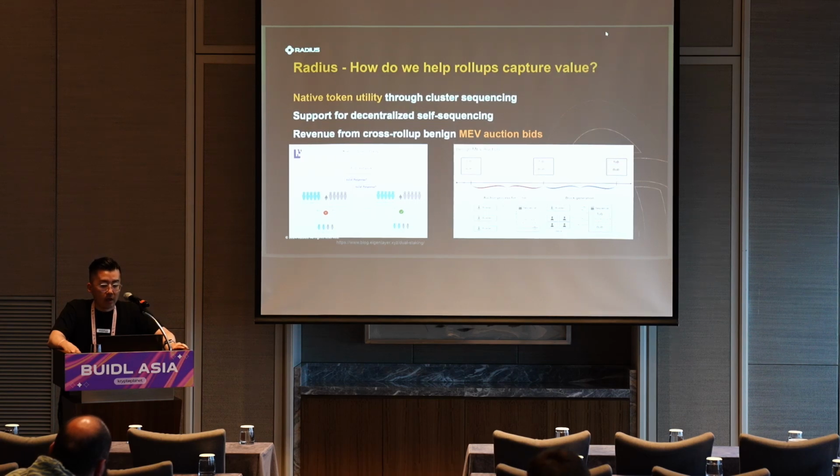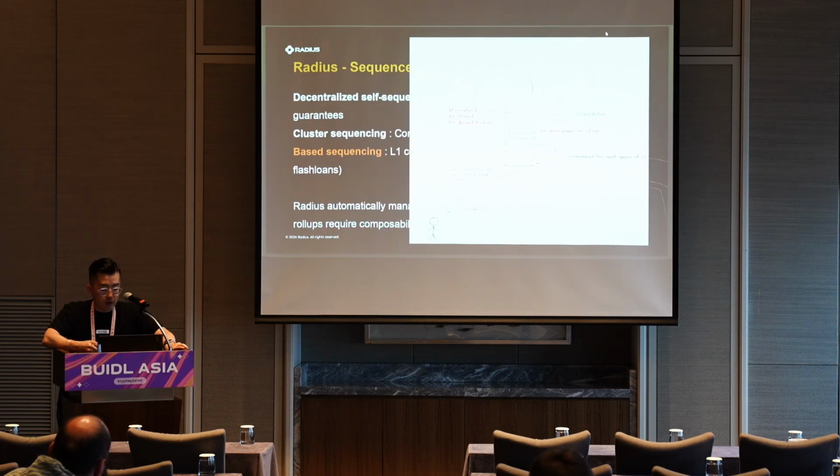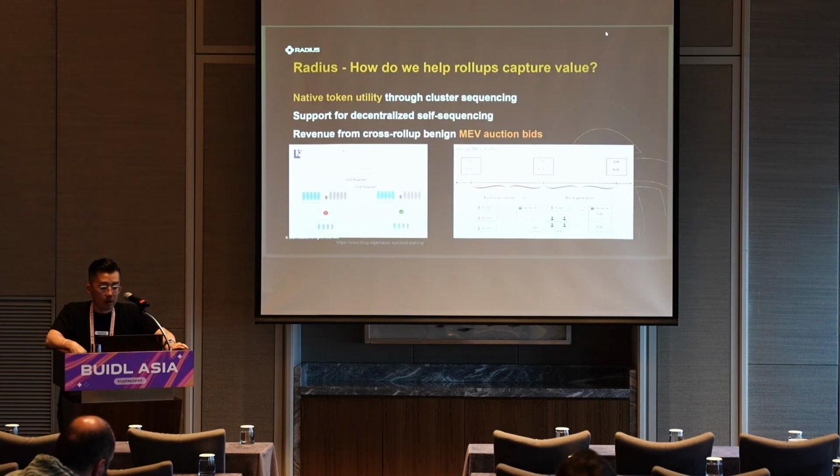Before, with this based sequencing thing, the layer 1 proposer would have all the rights to build a block for layer 1 and layer 2s, which means there's no utility for layer 2 tokens. But with our design, we are going to support native token staking as well.